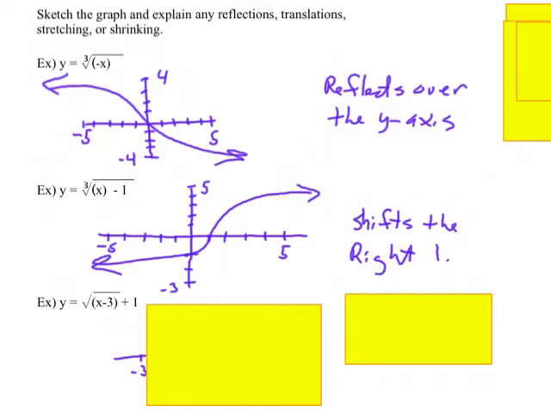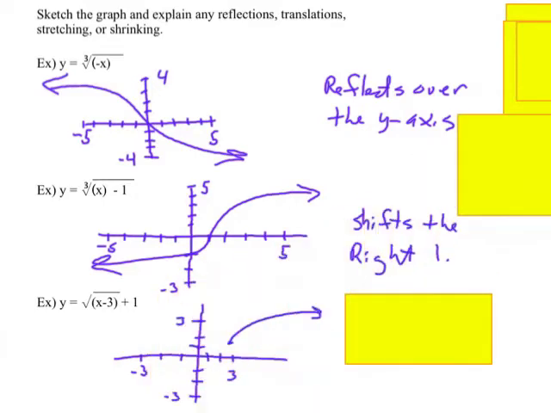Okay, so now here you have a minus 3 before the prevailing operation, but then you have the 1 here, which is after the prevailing operation. Well, here the x minus 3, right there you see it's going to shift it. You see it's a minus 3, so it's going to be the opposite of what you suppose, which means it's going to shift it to the right 3. Then you see up 1, and that's after the prevailing operation, so it's going to shift it up 1.